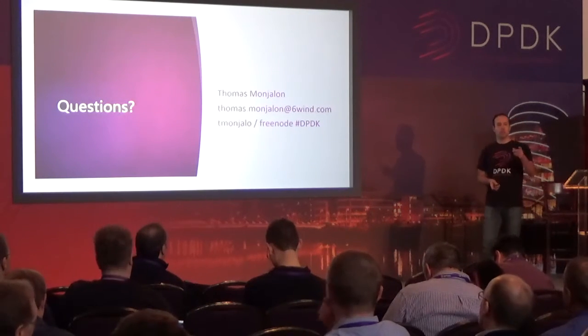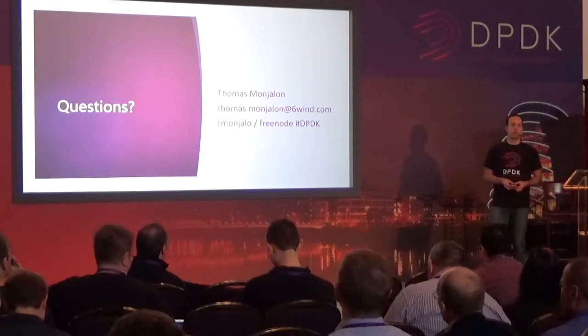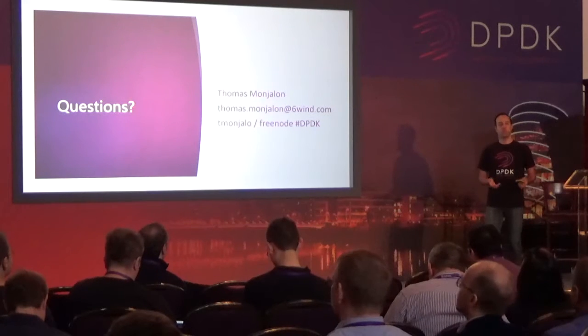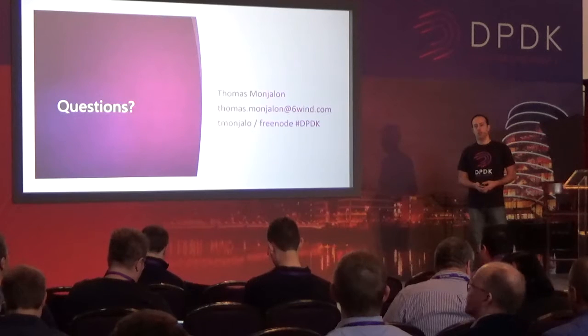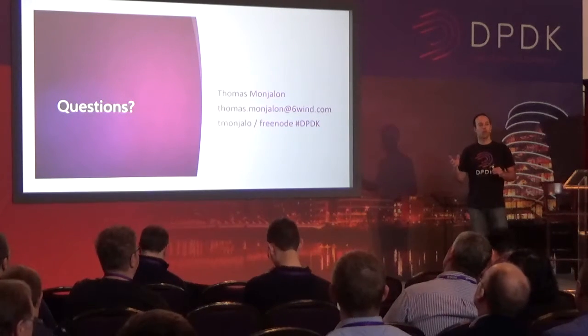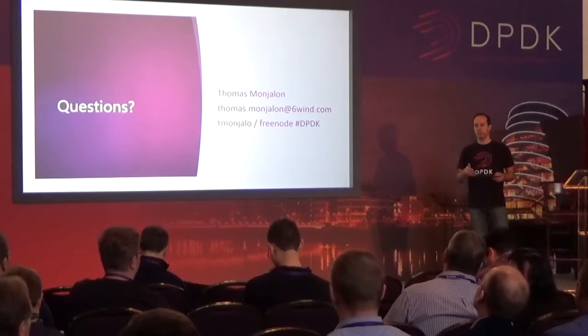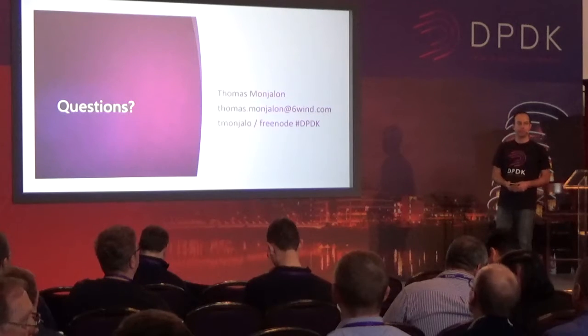Yeah, so basically Olivier said target clones is a new feature in GCC. Yes, but maybe we can start using some new GCC. That's what I wanted to say. And Damian is saying in VPP we are using some wrapper, some macro to avoid using a recent GCC. Do you know if it works without a function pointer?